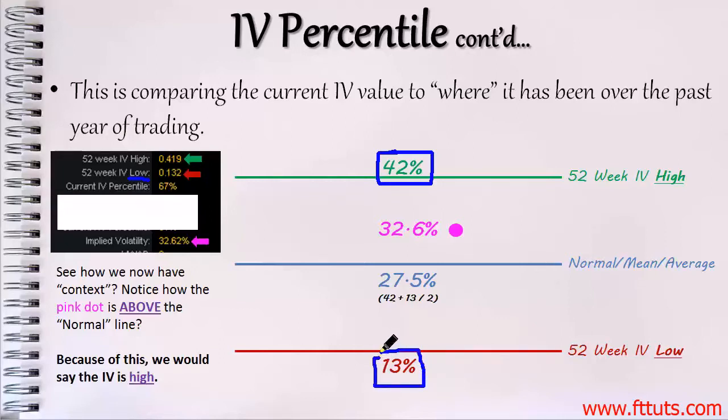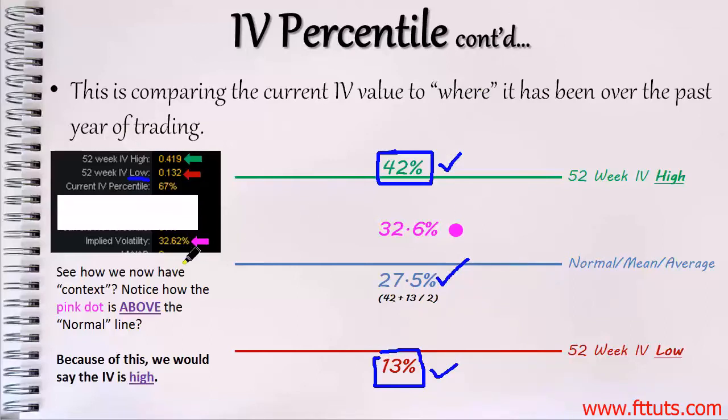So a high of 42%, a low of 13%. So where's the average? Where's the midpoint? Well, our midpoint is at 27.5%. How did I get that? Just take 42 plus 13 and divide that by 2. That's going to give us that middle area of 27.5%.